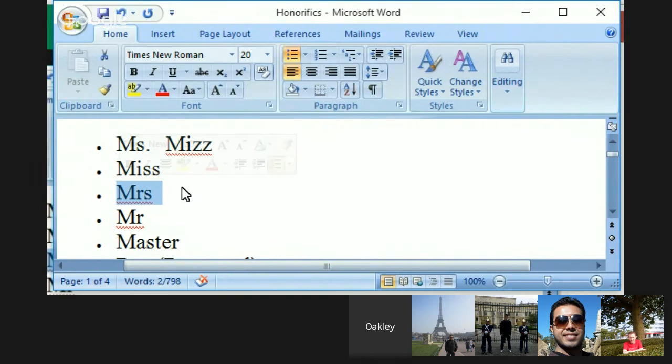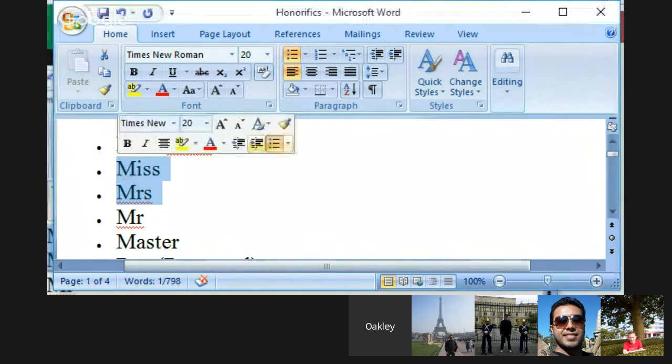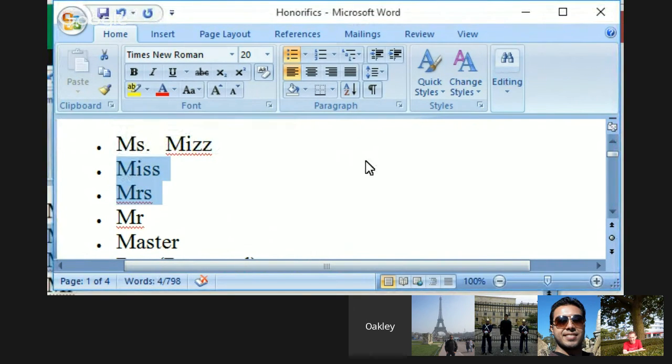Okay. Now, Ms. is used when we don't know. We need to be formal, but we are not sure. Or sometimes, when in doubt, in other words, if you don't know and you need to be formal and address a woman, then you should use Ms. It's always acceptable.